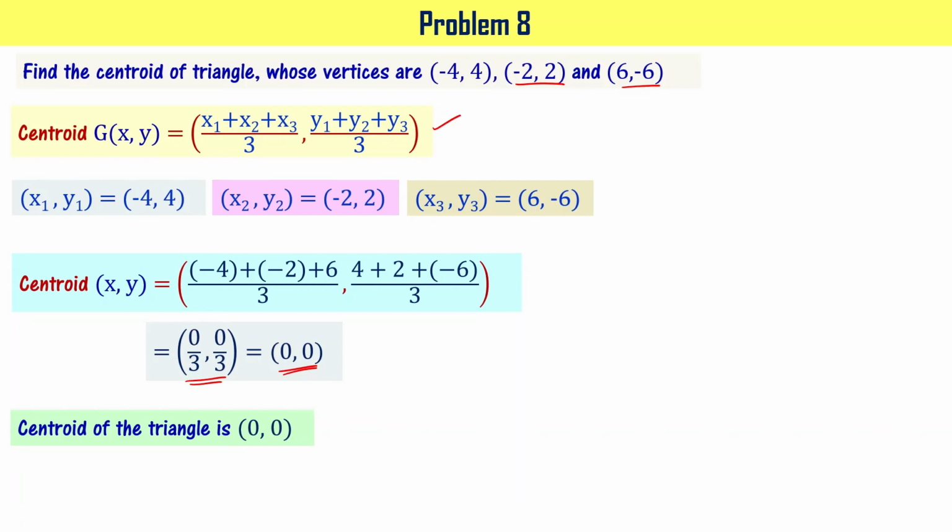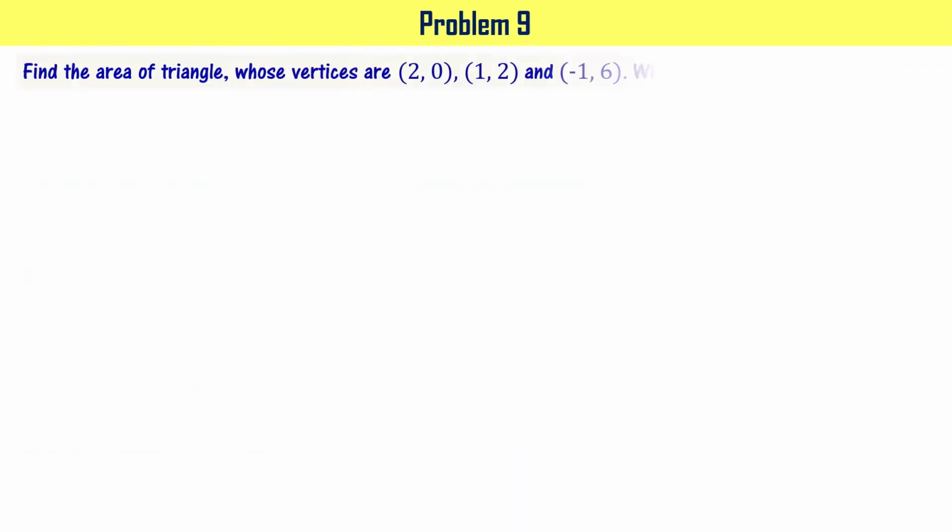Right? The next problem is find the area of triangle whose vertices are (2, 0), (1, 2) and (-1, 6). What do you observe? So first we have to find the area of triangle.